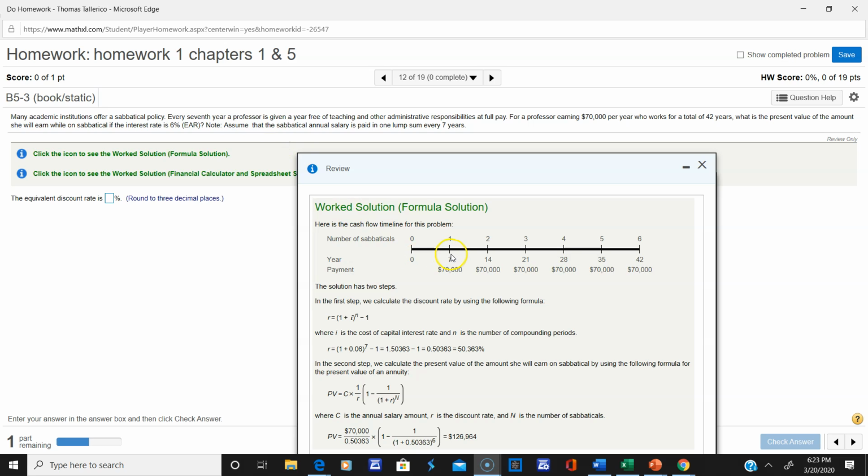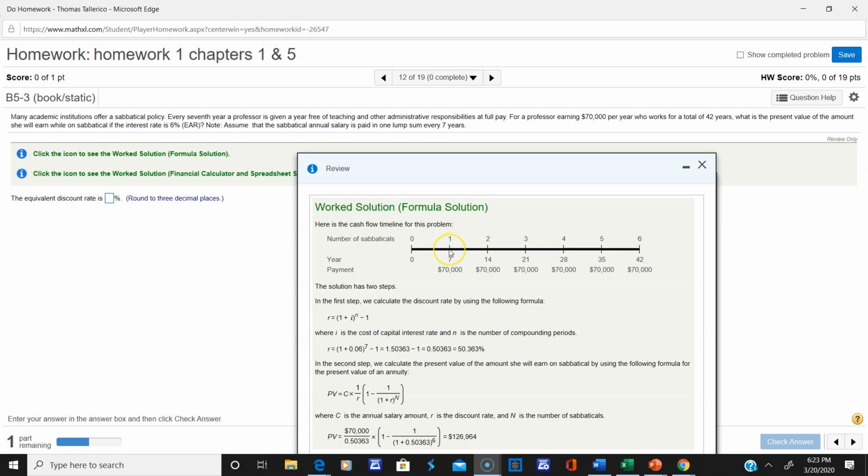There's a sabbatical for this 7th year, and that 7th year, and so on, six times. So the question is, basically, what is the present value of the 7th year payments she's going to be getting over these 6 periods?